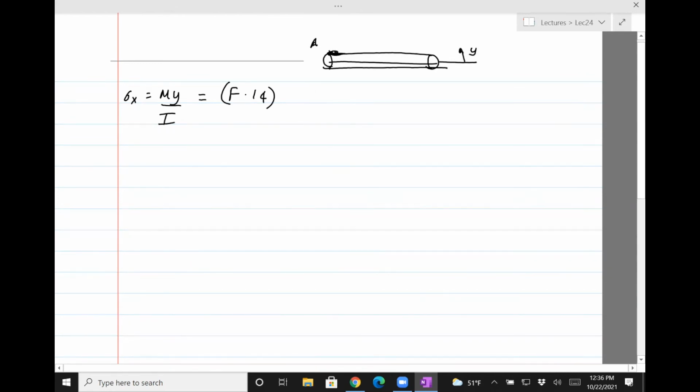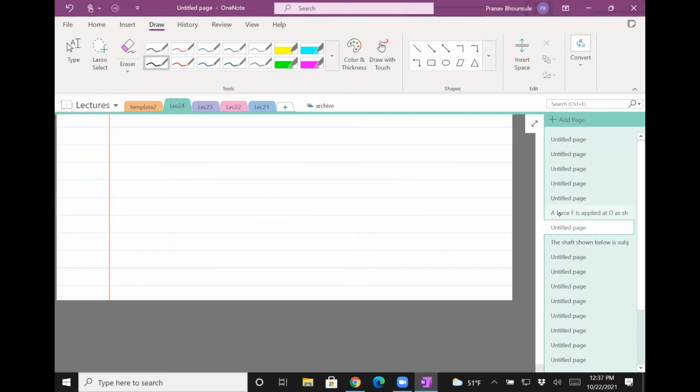If this is A, A is on the surface, so it's going to be at d divided by 2, divided by the moment of inertia that will be given to you. It's pi d raised to 4 divided by 64. So simplifying this gives me 142.6 F, where D is, well, if you can go back.